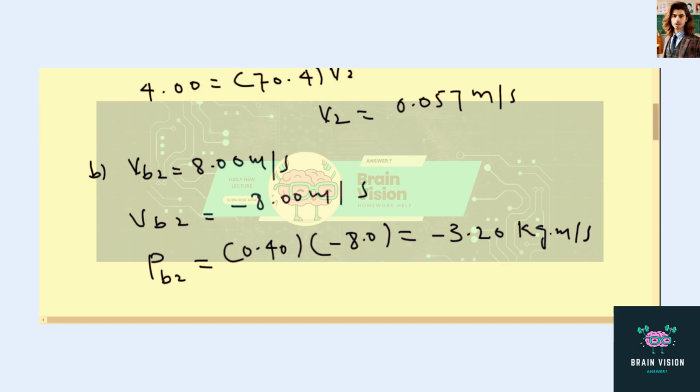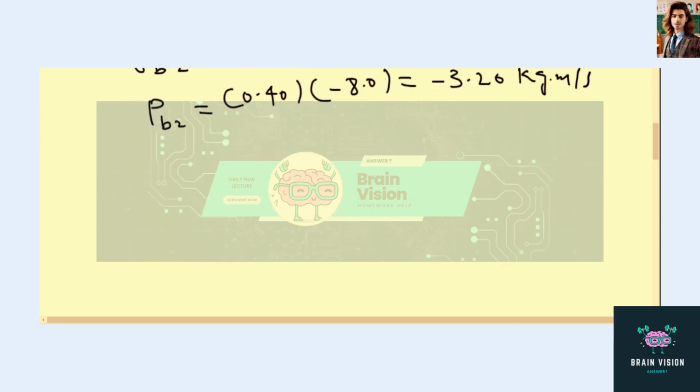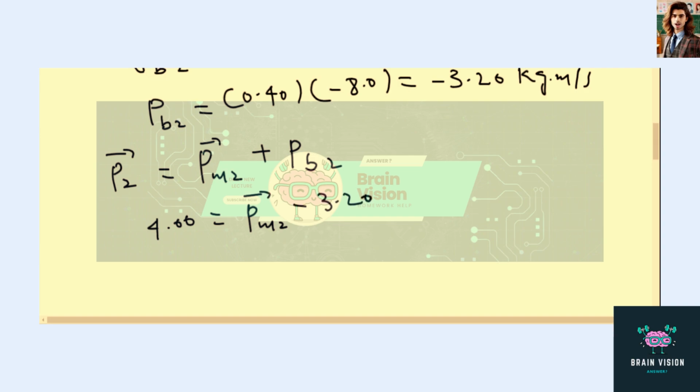And from equation number 1, we know that P2 is equal to P_M2 plus P_B2, right? Plugging in our values for P_B2 and P2, we get 4.00 is equal to P_M2, right, minus 3.20.